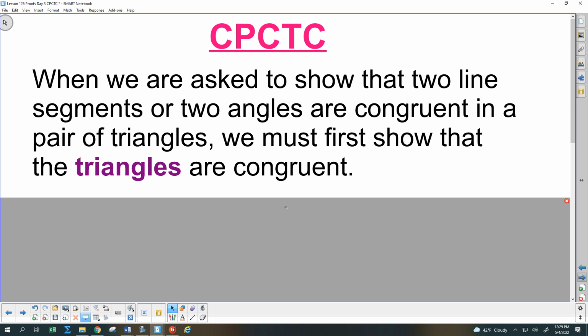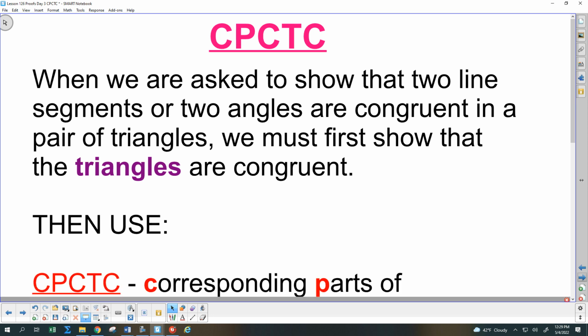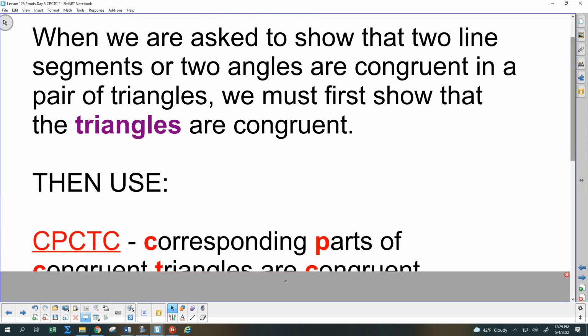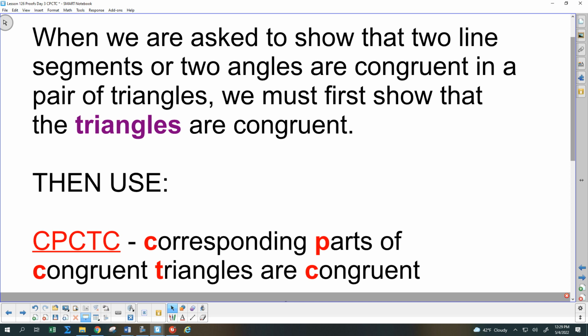This lets us say those other sides are congruent for the end of our proof, or those other angles are congruent. Now, what this stands for is corresponding parts of congruent triangles are congruent. But we don't make you write all of that whole sentence out. We let you abbreviate it with CPCTC.